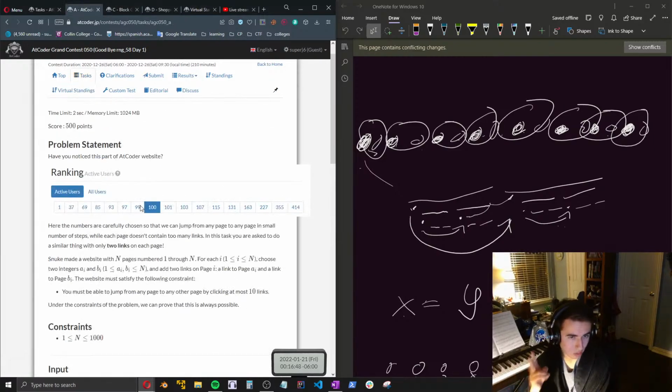Alright, 2 outgoing inputs. 2 outgoing inputs. 1, 2. We can get to any page, any other page, at most any.